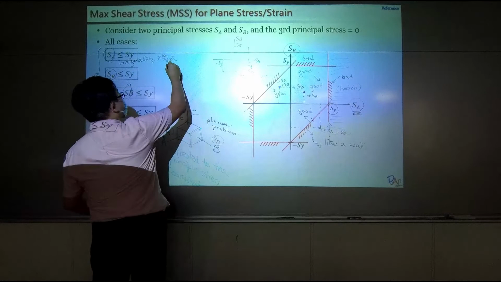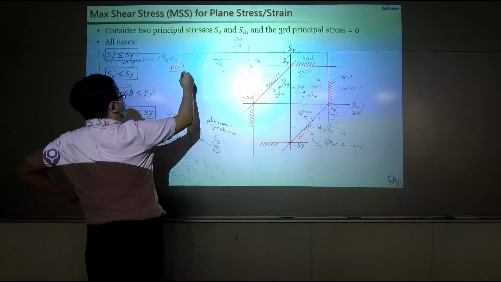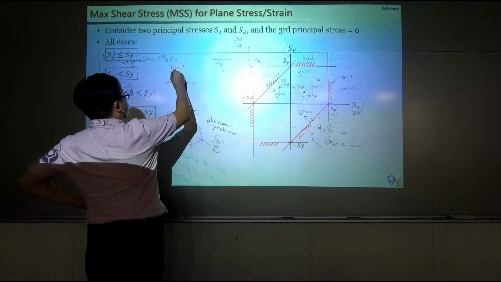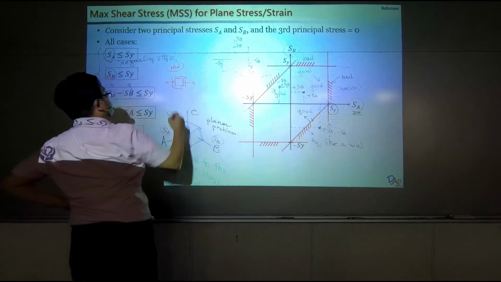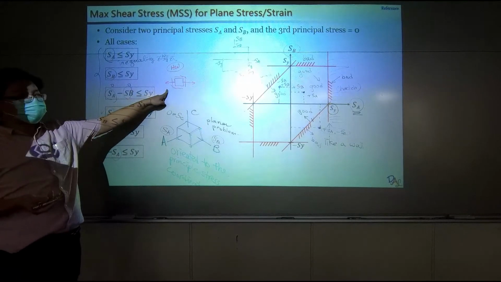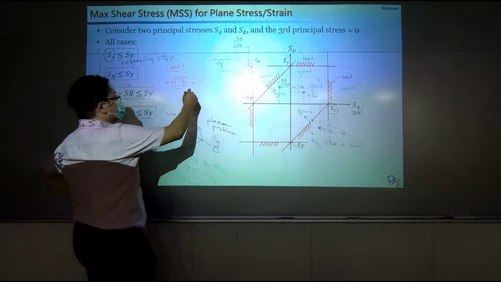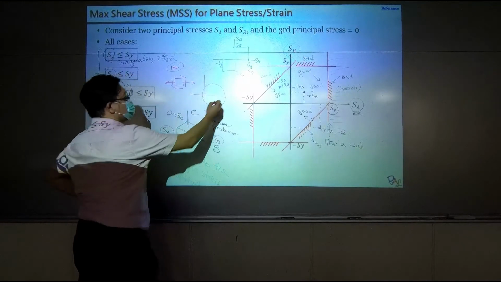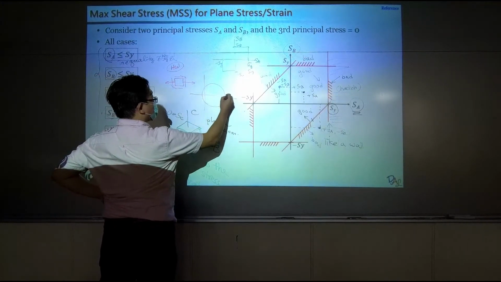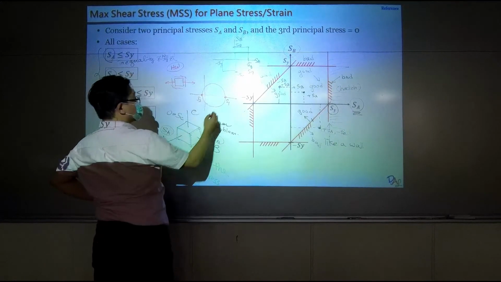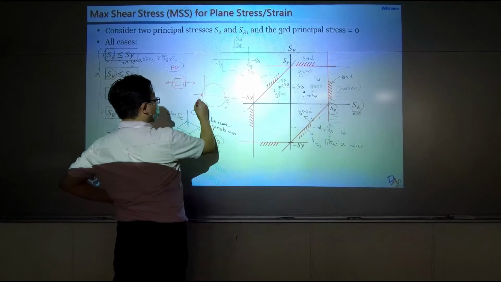So for the homework, remember we have a problem like this. Maybe that's the stress. It's a plane stress problem, right? Plane stress. And then we will draw a Mohr circle, maybe something like this, right? And you have your S1 and S2. So this is positive, this is negative.